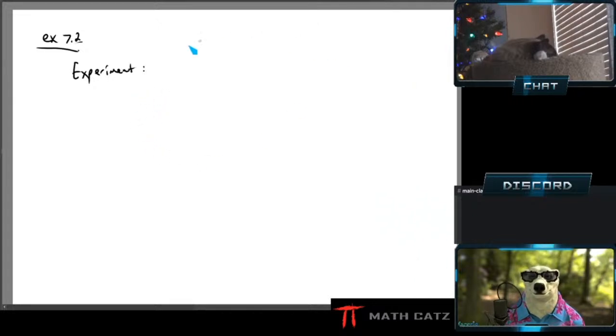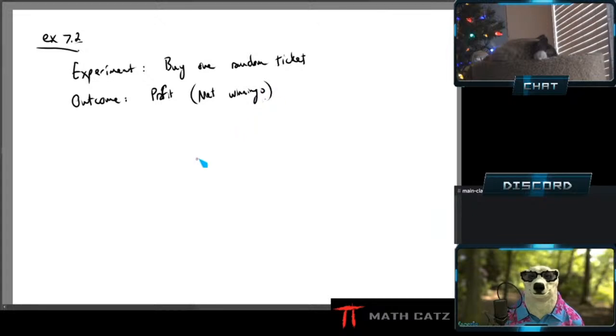Because the random variable matches the experiment and outcome combination, I'll say. So the experiment is buy one random ticket, which means all tickets are equally likely, random. What is an outcome? An outcome is my profit, or what they call the net winnings from buying one ticket.